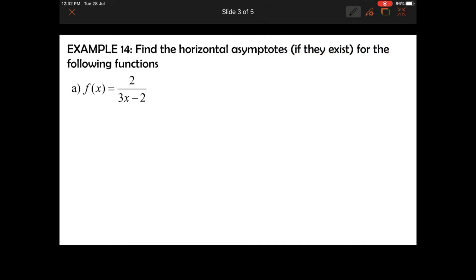Let's do some exercises. For example 14, we have to find the horizontal asymptote, if it exists, for the following function. Part A, we have f(x) equals 2 over 3x minus 2. So this is basically our function. We just have to do the limit as x approaches negative infinity of 2 over 3x minus 2.